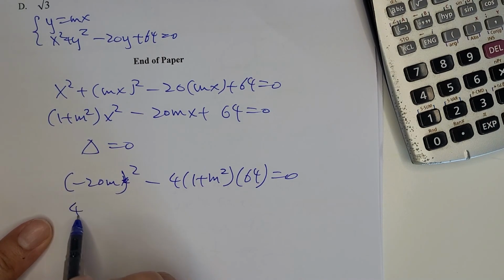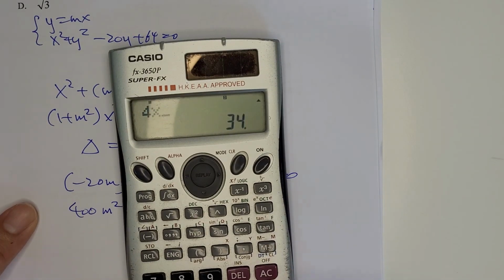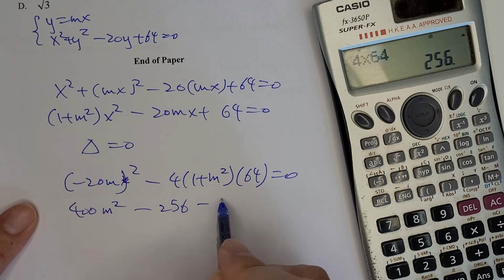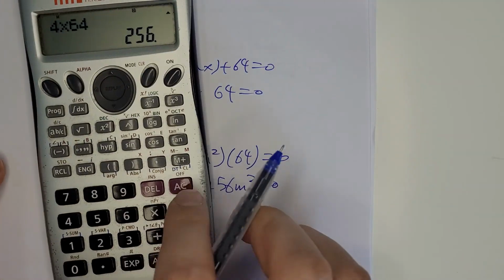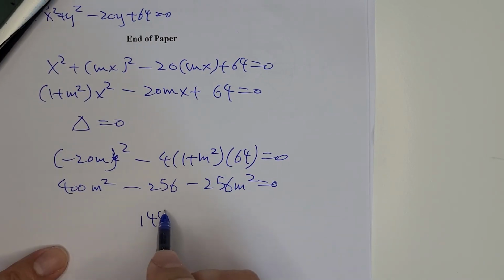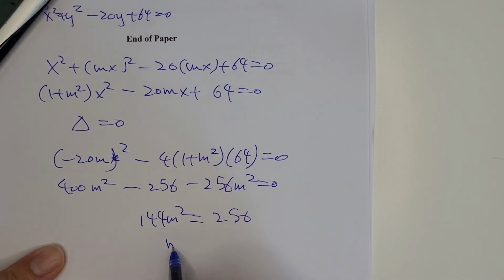So that is 400m squared, and then minus 4 times 64 times (1 plus m squared), that is 256 minus 256m squared, equal to 0. 400 minus 256, that is 144m squared equals 256.